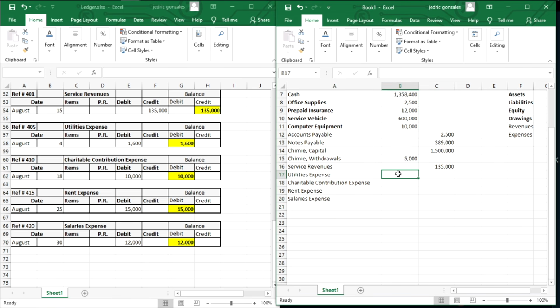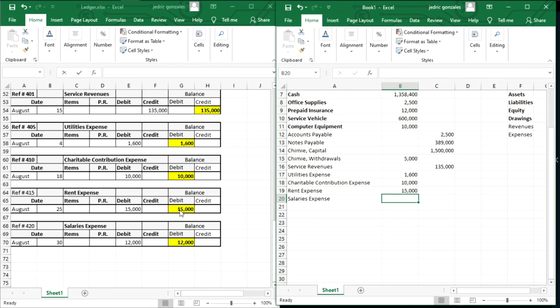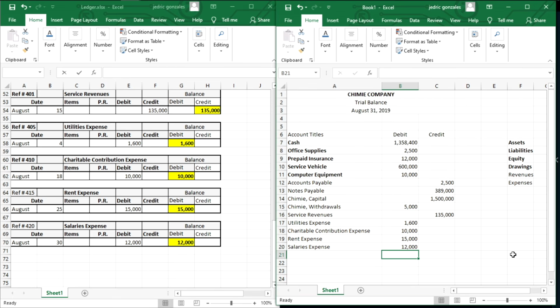So, ilalagay naman natin siya sa debit. So, first, utilities expense, which is 1,600. And then, charitable contribution expense, which is 10,000. And then, rent expense, which is 15,000. And lastly, si salaries expense, which is 12,000.